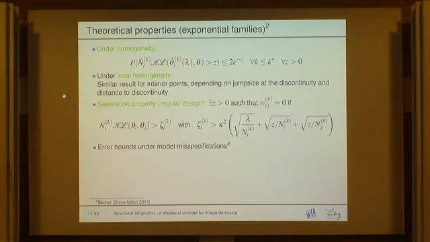And then there's a separation property that says that there exists a set larger than 0 such that the weights for point J when calculating the estimate at point I is 0 if the Kullback-Leibler distance times Ni, so the sum of weights from the previous step, exceeds some value theta ik, and the theta ik should be larger than this quantity here, where this kappa squared depends on the probability distribution.